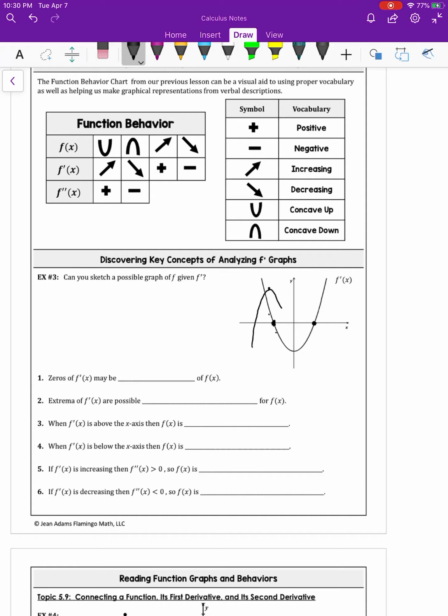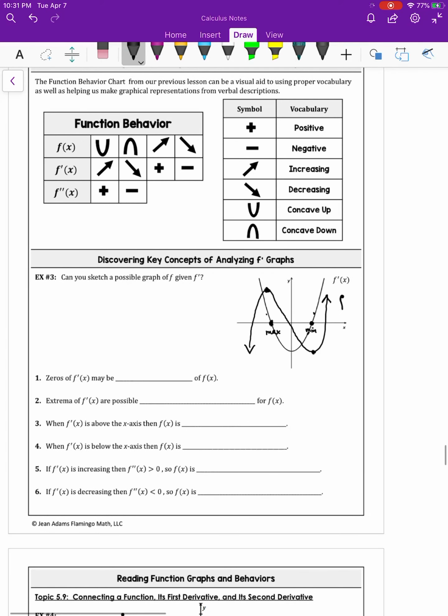It's going to have slopes of tangent lines that are positive, and then slopes of tangent lines that are negative, and then it's going from negative to positive here, a minimum. So you knew you had a min here and a max here. By drawing this max and this min, you can see that this could be a graph of f.